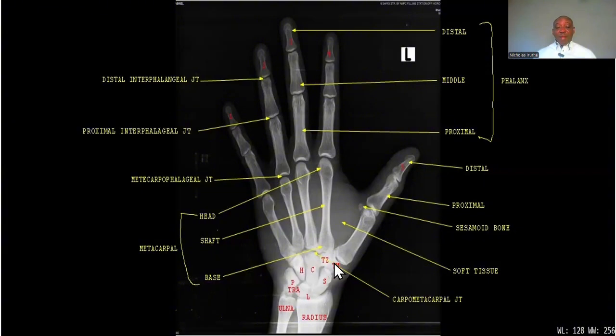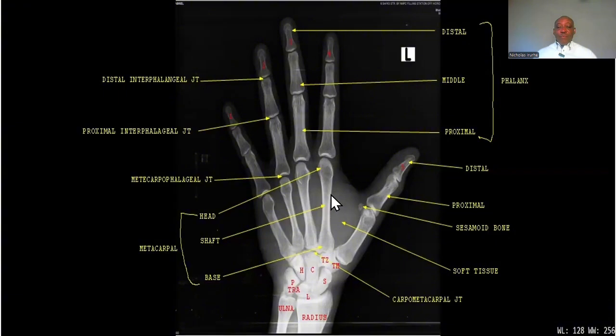And you go further between the carpal bones and the metacarpals, you have these lucencies, and these demonstrate the carpometacarpal joints.